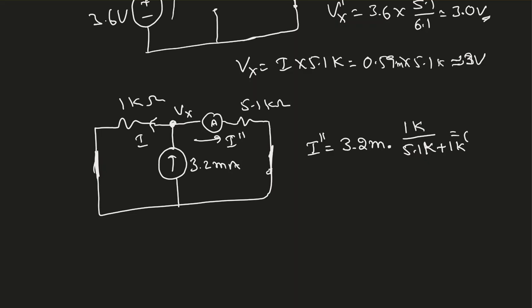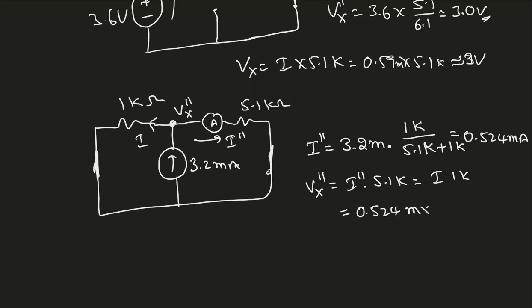This is the formula, just a simple current division rule. I end up with 0.524 milliampere. At the same time, Vx double prime, I can use the same formula: I double prime times 5.1 kilo ohm, or the same as I times 1 kilo ohm will give you the same thing, which is 0.524 milli times 5.1 kilo, that equals 2.675 volt.